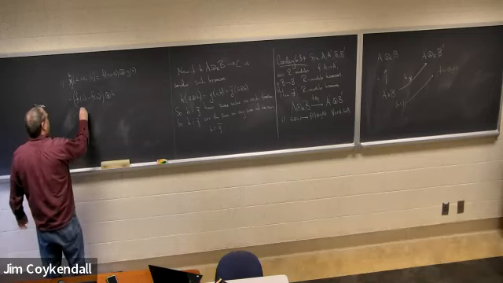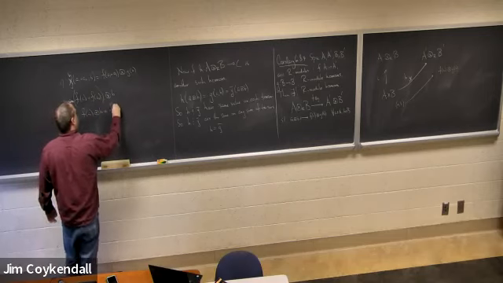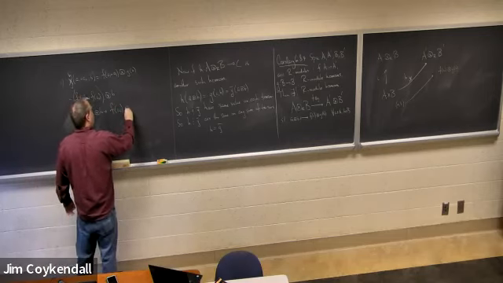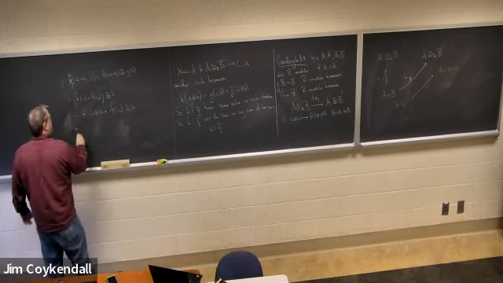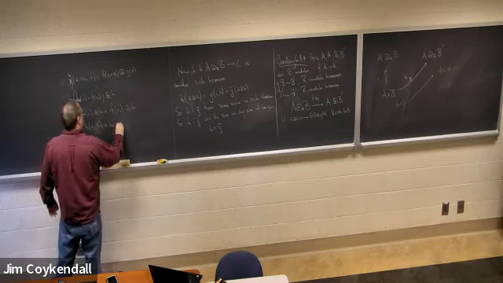So this is F of A1 tensor G of B plus F of A2 tensor G of B, which is, by definition, H of A1, B plus H of A2, B.